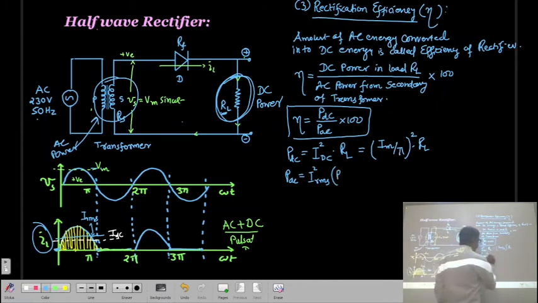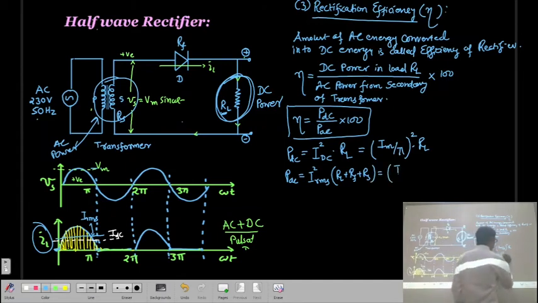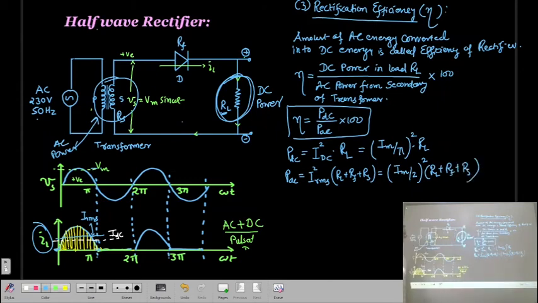So I have to consider all these resistances: RL plus RF plus RS. The RMS value of the current we have calculated is Im by 2, whole squared, into RL plus RF plus RS. So using this formula you can calculate the amount of AC power given to the rectifier circuit.